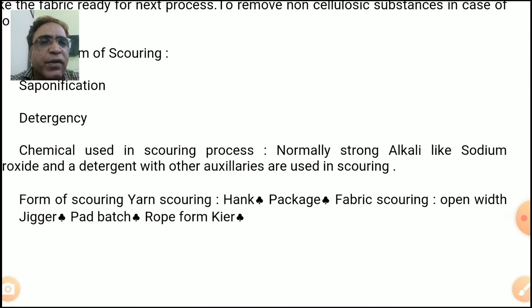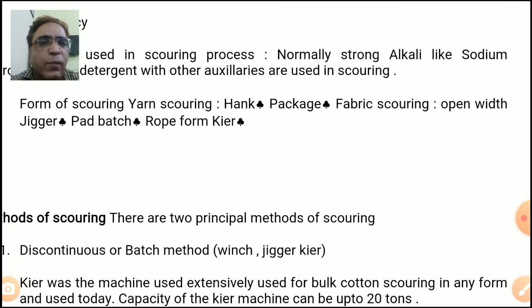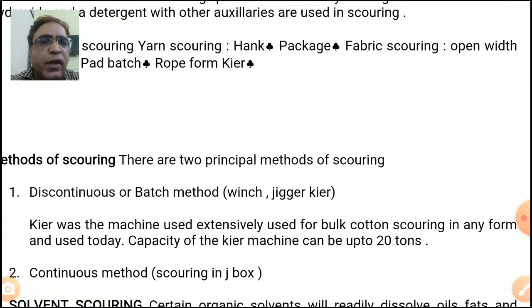In open width scouring we use machines like jigger and padding mangles, and for rope form scouring we normally use kiers, which are bigger machines used especially for the scouring process.